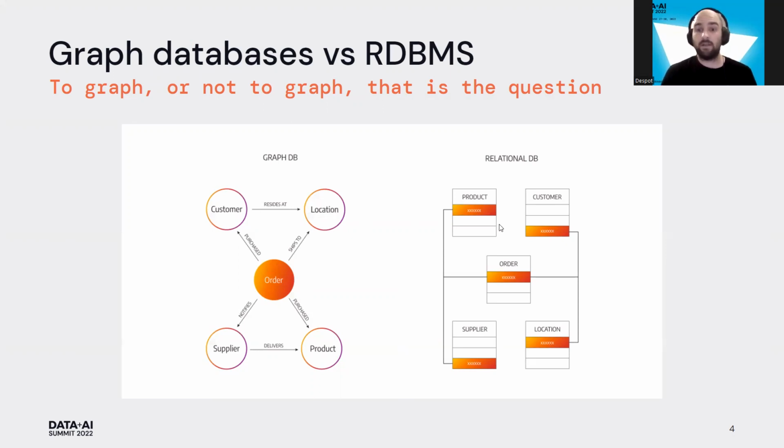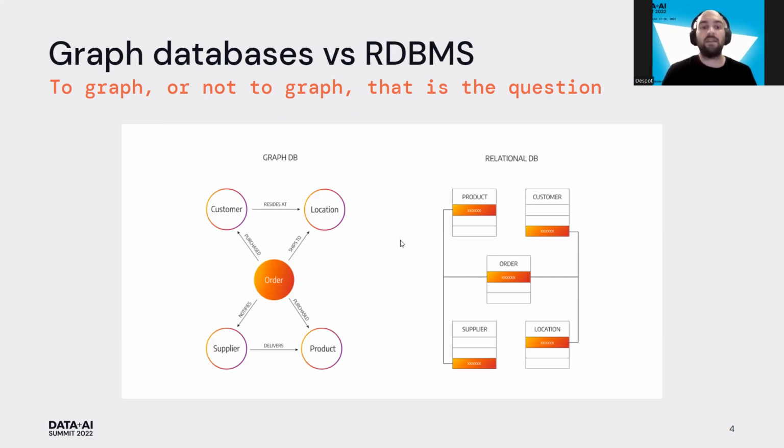In relational databases, when you have to model relationships, you have to use either foreign keys or completely separate tables to model many-to-many relationships. It takes some time, some overhead to find these relationships, and that's where graphs come into play. There are other differences as well.